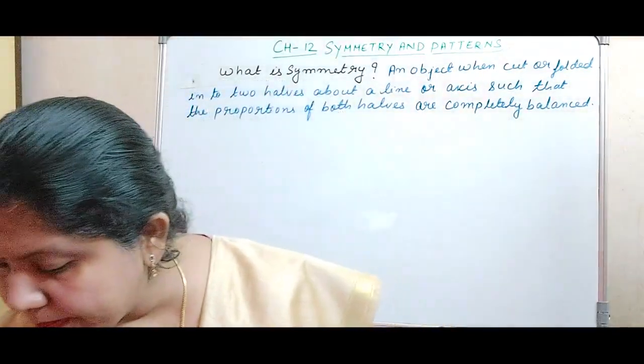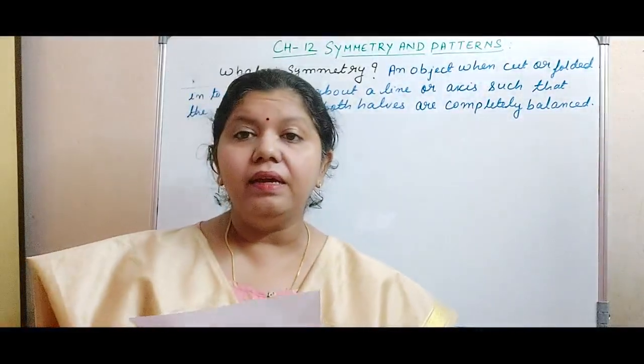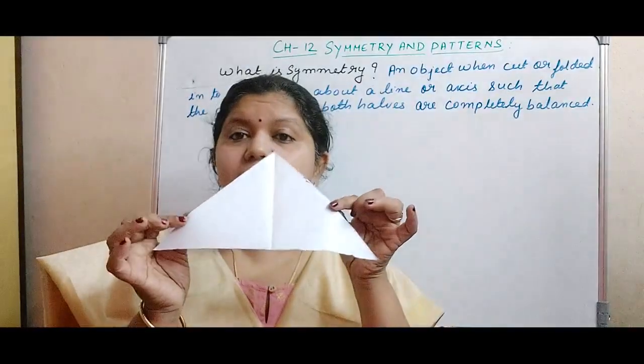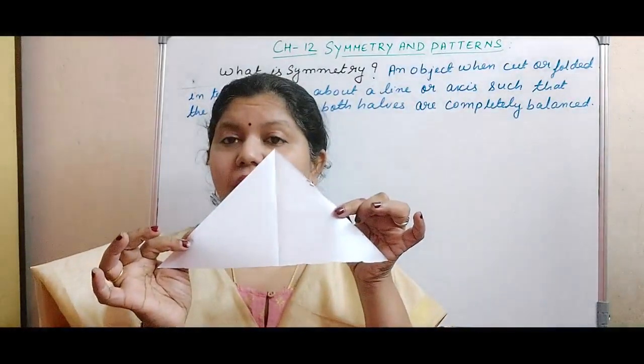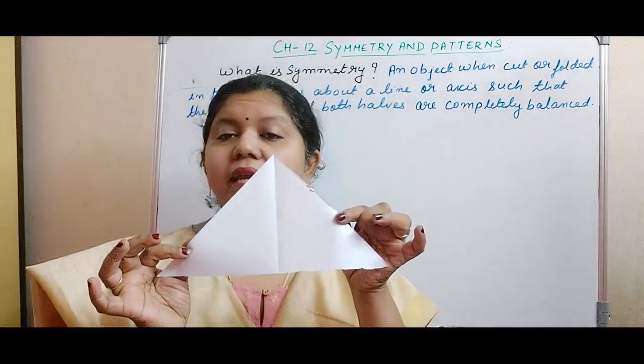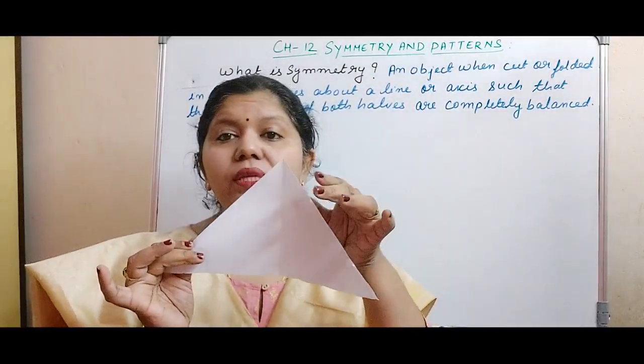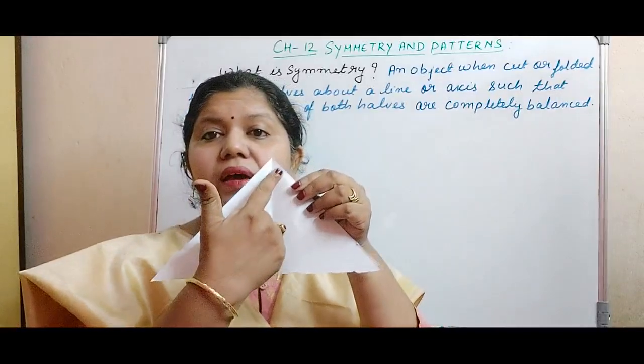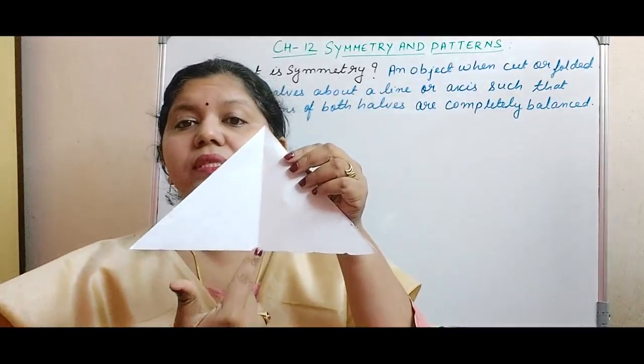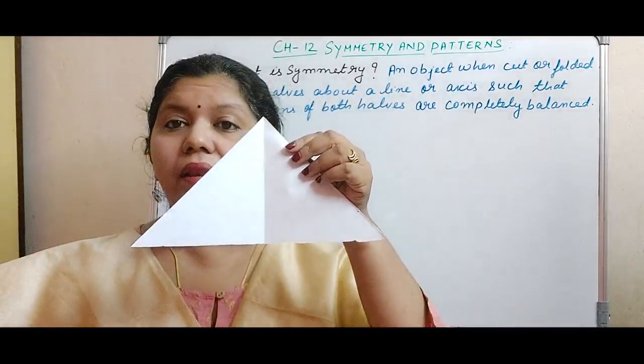For example, I take a triangle like this. This is an isosceles triangle. What kind of triangle is it? It's an isosceles triangle. Now you can see there is a folding line in the middle.